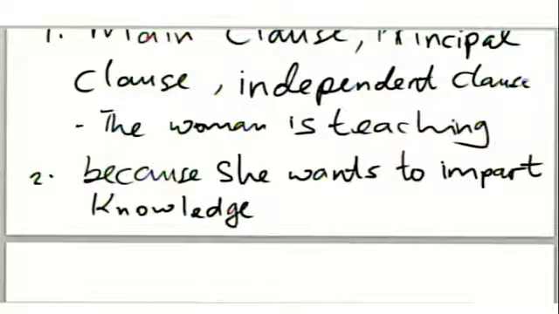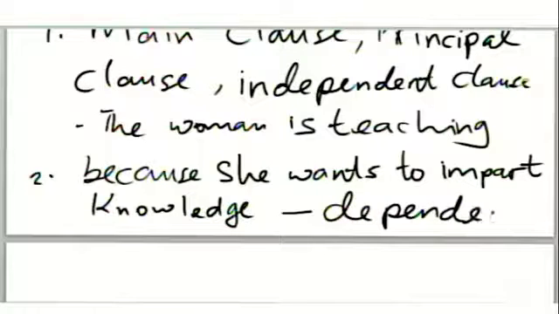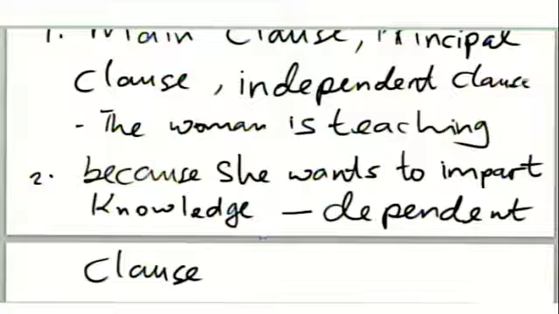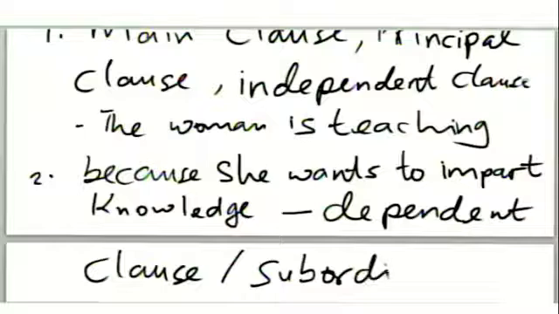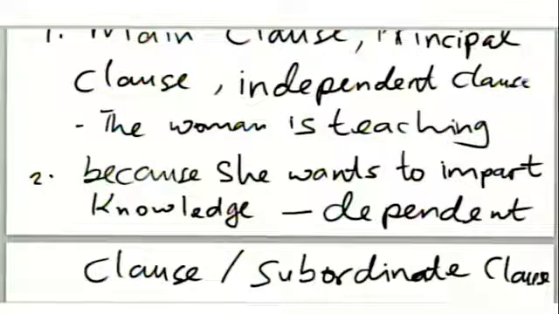And so this is what we call the dependent clause, or we also call it the subordinate clause. It is subordinate to the independent clause. So with this, we have two major types of clauses. We have the main clause, and then we have a subordinate clause.